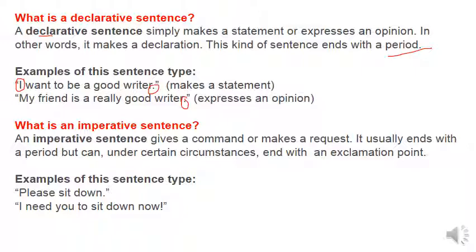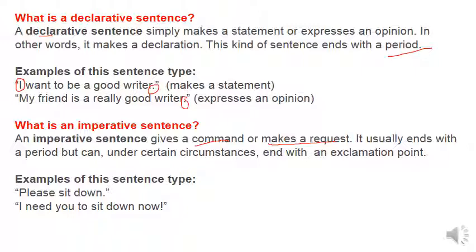The second kind of sentences is the imperative sentence. An imperative sentence gives a command or makes a request. It usually ends with a period, but can, under certain circumstances, end with an exclamation point.